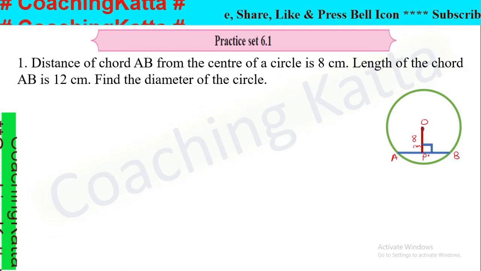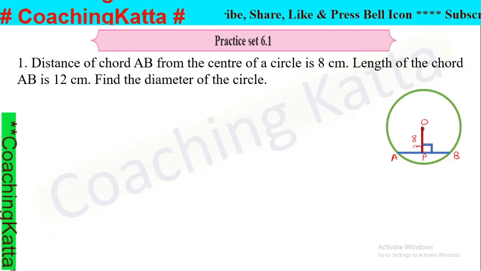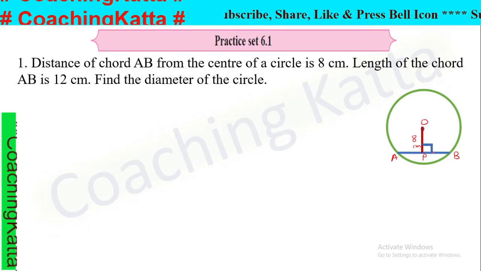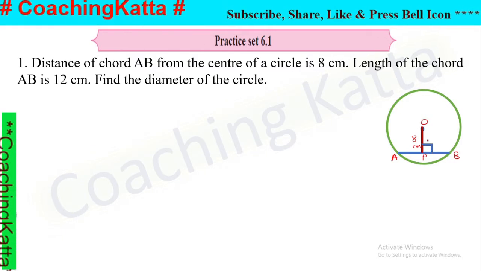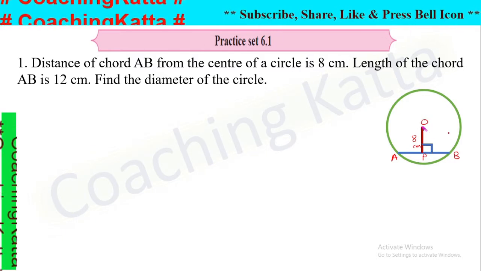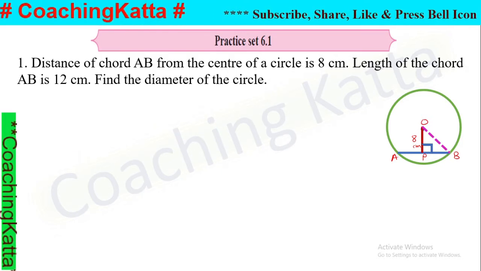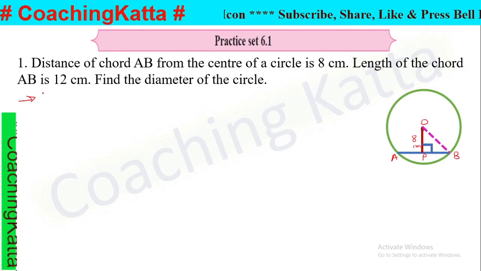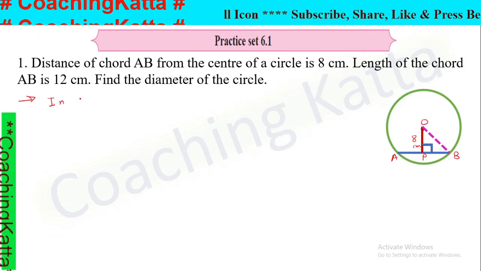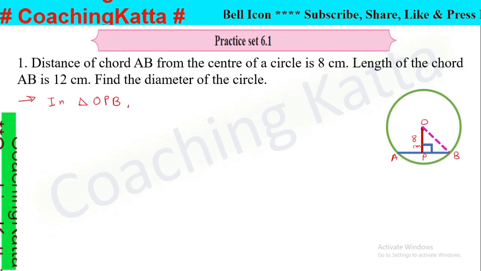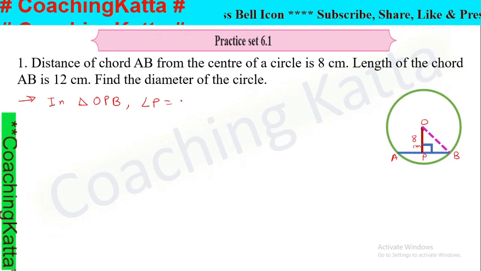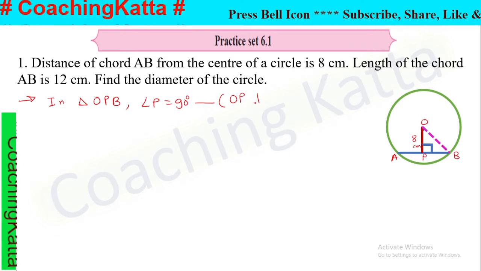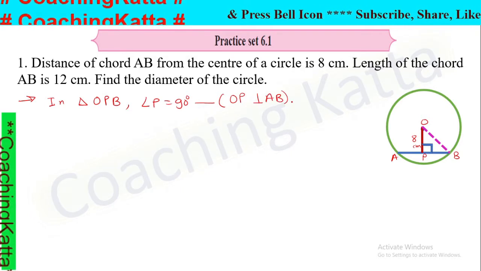So this is a right angle. Why? Because it is given that the distance of chord from center, means it is the perpendicular distance. So this angle is a right angle. So join OB, and now in triangle OPB, angle P equal to 90 degrees, because OP is perpendicular to AB.